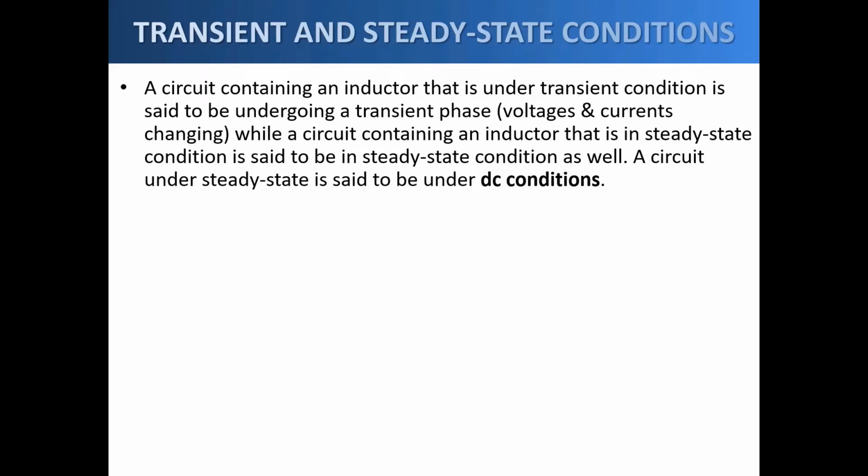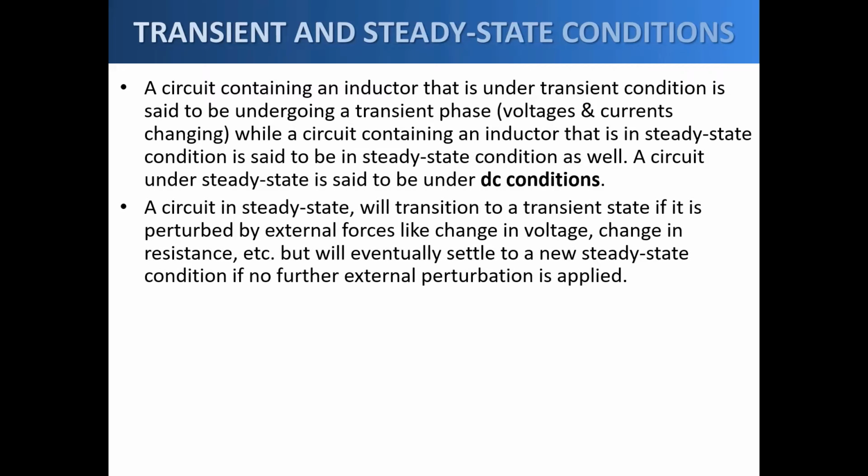That means the voltages and currents keep changing, while a circuit containing an inductor that is in steady state is said to be in a steady state condition as well. Now sometimes a circuit that is under steady state is said to be in a DC condition.